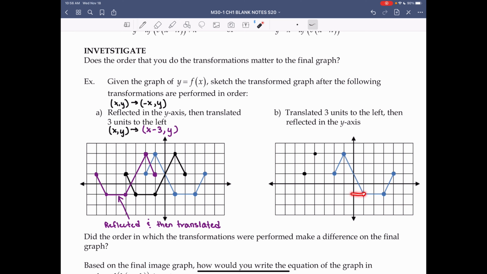This one will be here. This one will be here. Last one, this one will be here. Join our points together.